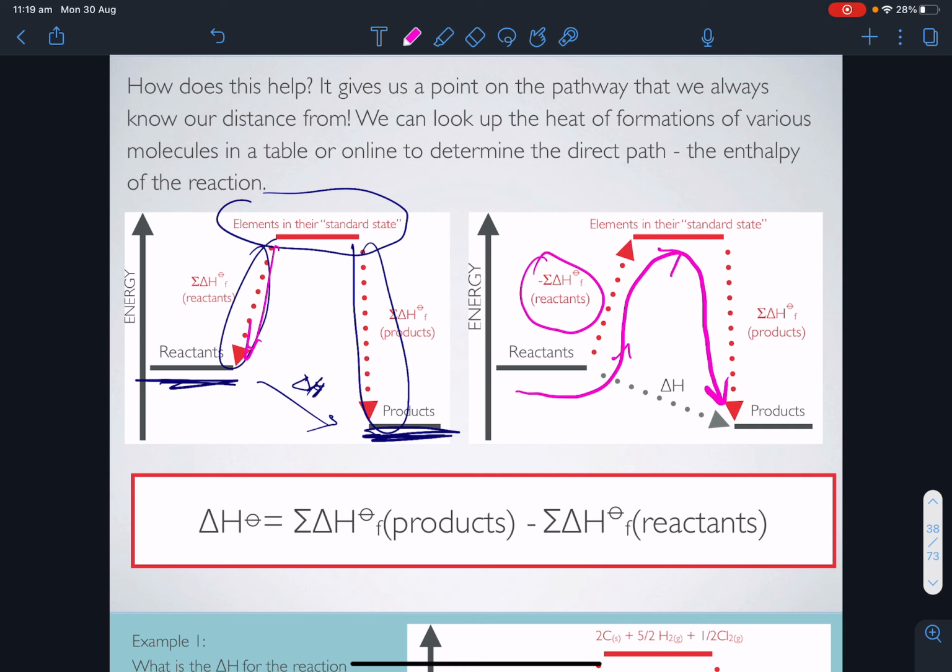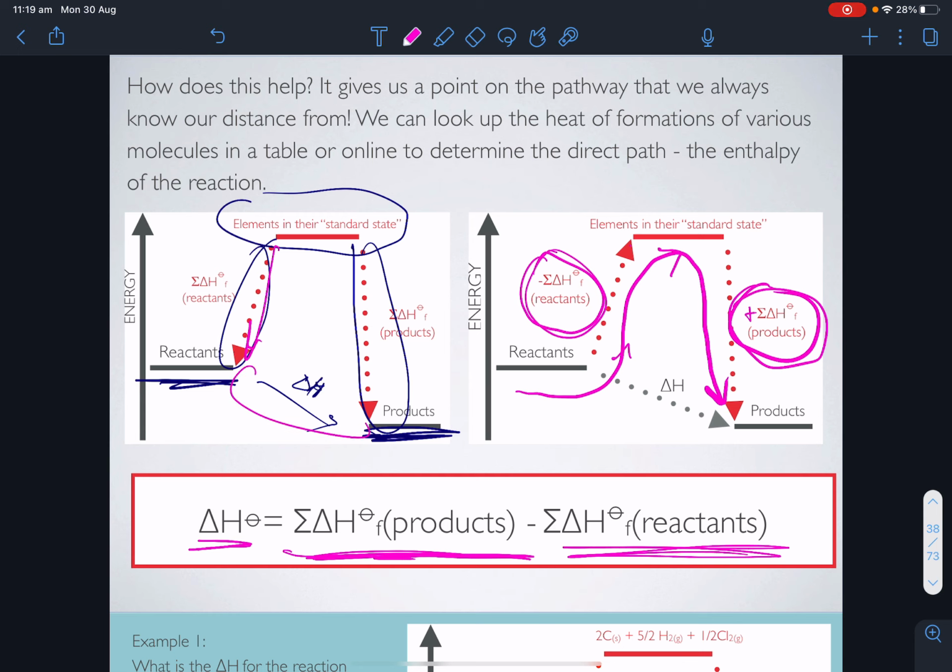So to get up there, we've got to put the opposite energy of the heat of formation in there. We've got to do the opposite. And here, going back down, we've got to do the positive, or just the normal heat of formation of the products, okay? So we're taking the positive of that and the negative of that, and we're adding them together. Or we could say that the enthalpy of the reaction equals the heat of formation of the products minus the heat of formation of the reactants, okay?